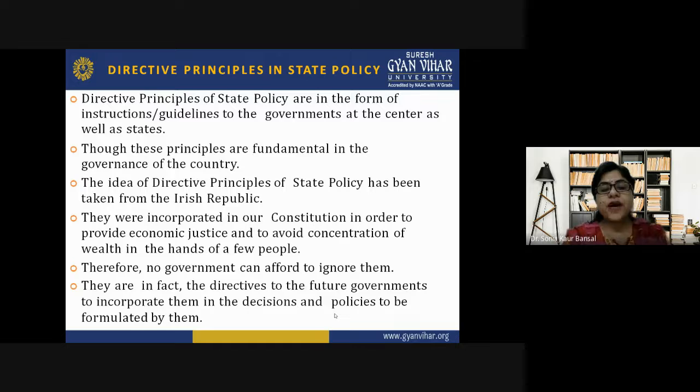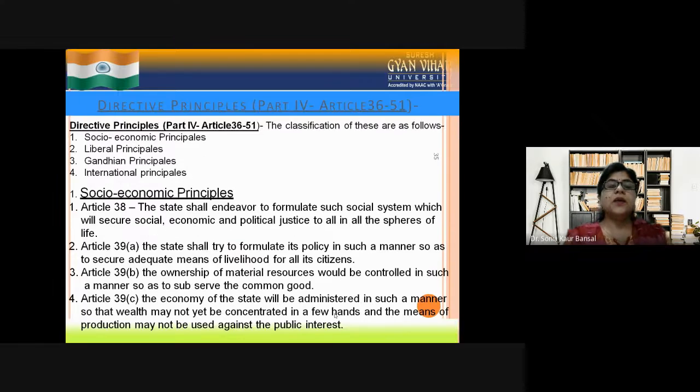They are in fact the directives for future governments as well, to incorporate them in the decisions and policies to be formulated by them. Now students, let's have a look at the directive principles, Part IV, Articles 36 to 51.